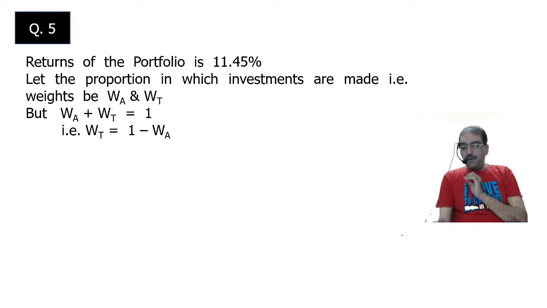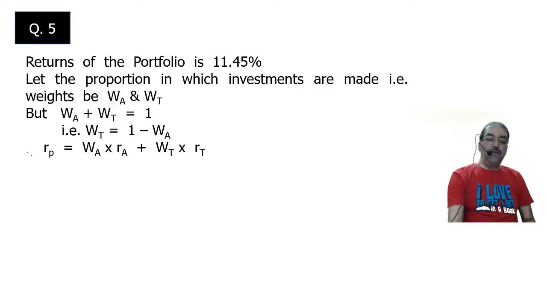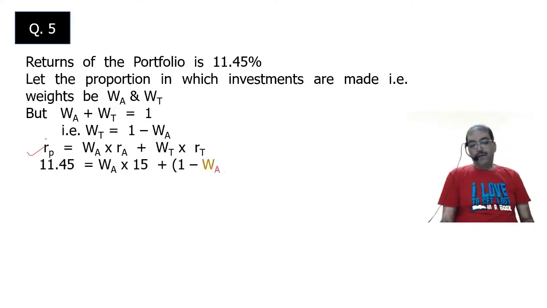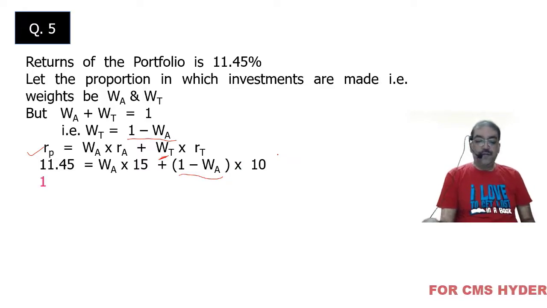Correct? What is the formula for returns of portfolio? Weight of A into returns of A plus weight of T into returns of T. RP is given to me, returns of portfolio is given to me. 11.45 equals weight of A into returns of A is 15, WT is substituted by 1 minus WA into returns of T, that is 10.